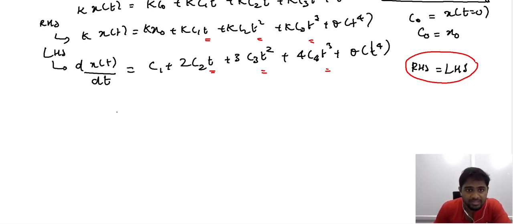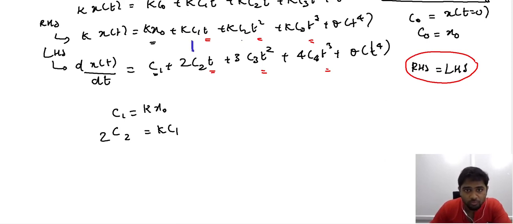It means C1 is k x0. Then 2 C2 is k C1, so we are equating these two.